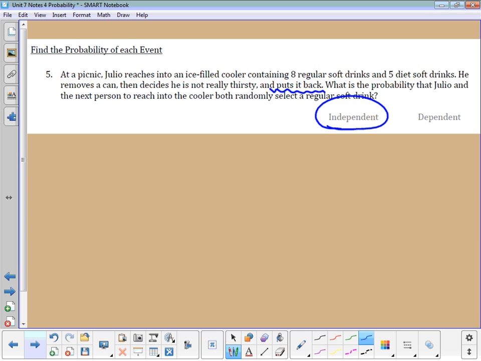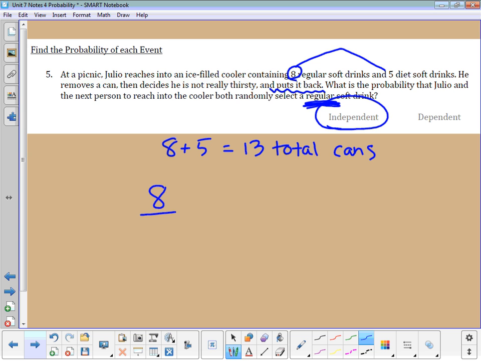Now to calculate this probability, I need to first look at how many total drinks do I have? 8 plus 5. Okay, so 13 total cans. And then I need to look at my successes. We want a regular soft drink, and there's 8 of those. So for Julio, the first person, he has an 8 out of 13 chance of picking out a regular soft drink.